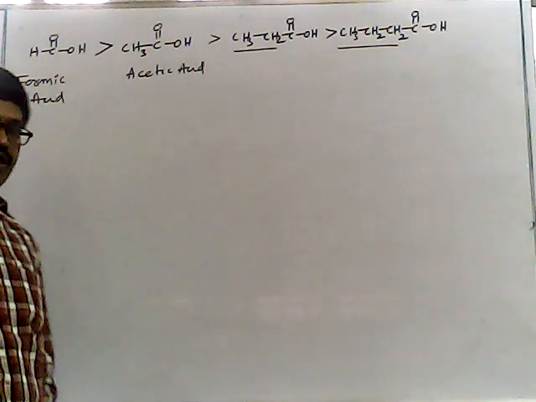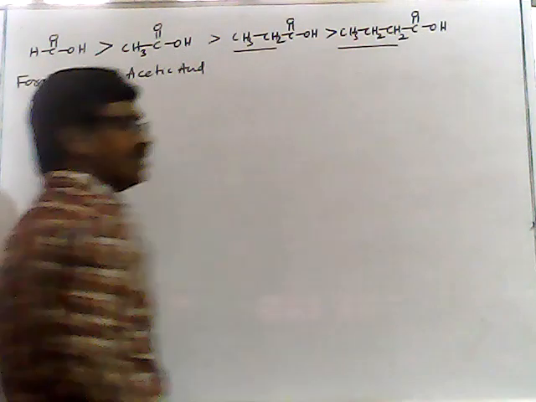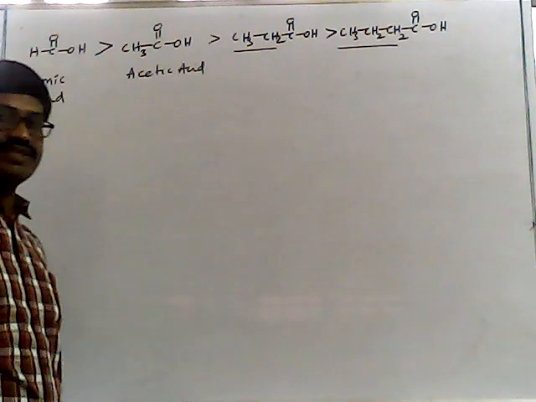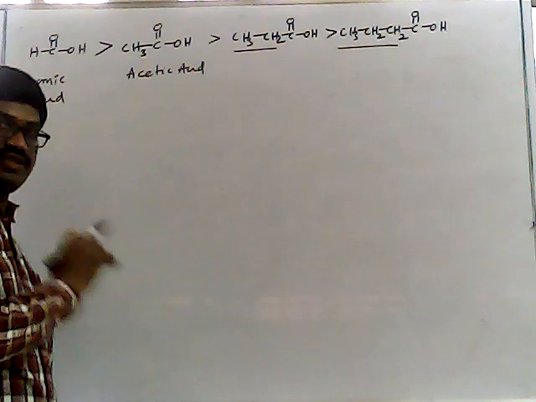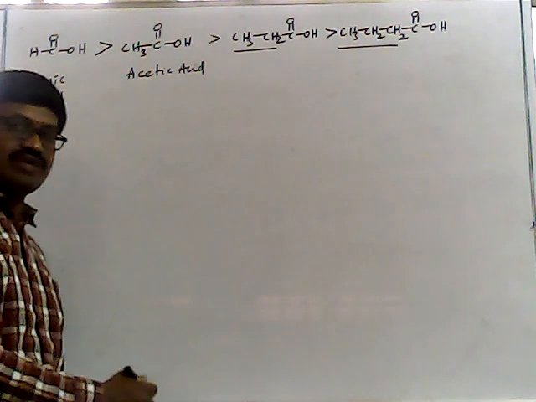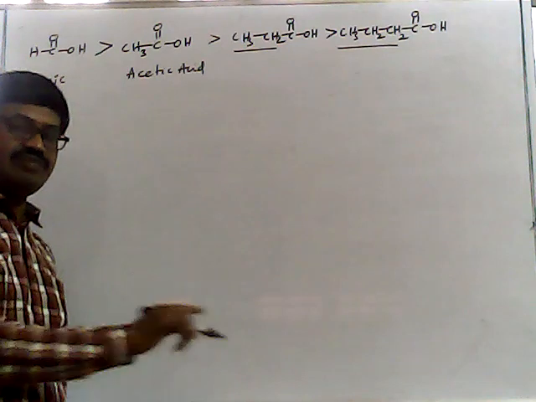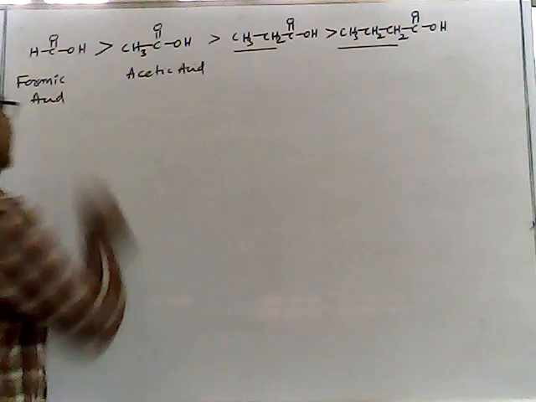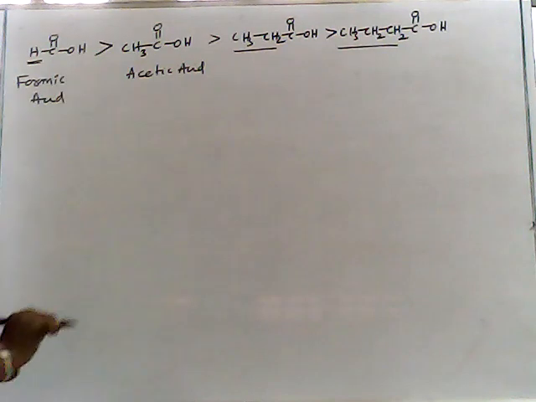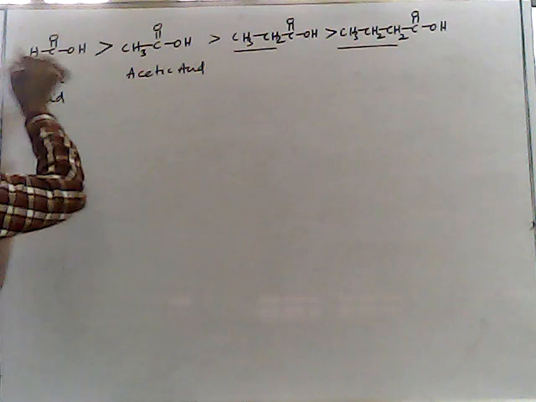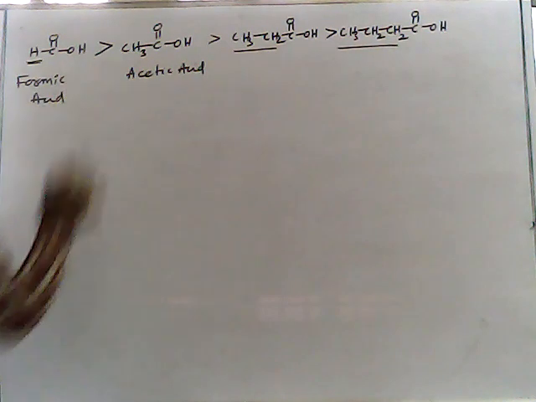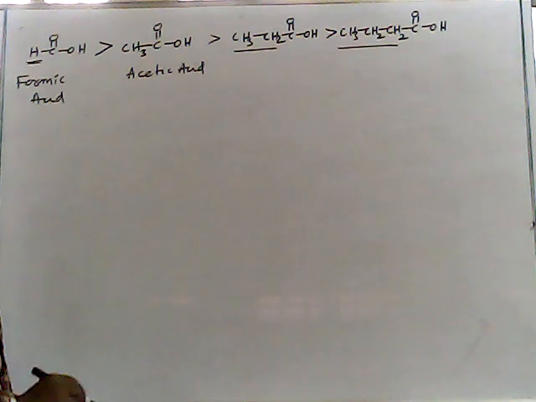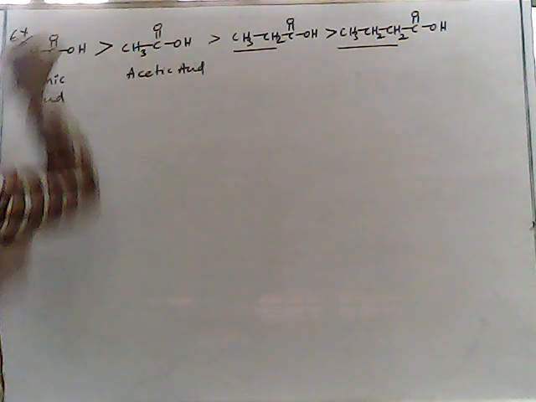Whenever alkyl group length increases, acidic nature decreases, because the plus I nature increases. That group can donate its sigma electrons to the carboxylic acid framework, and the electron density on oxygen increases, so oxygen can hold hydrogen tightly. It will not happen in formic acid because it has no inductive effect, so it will not donate any electrons to the carboxylic acid framework. There is no increase in electron density, so this is the order of acidic nature. This is the first example.